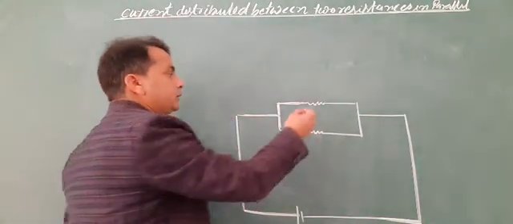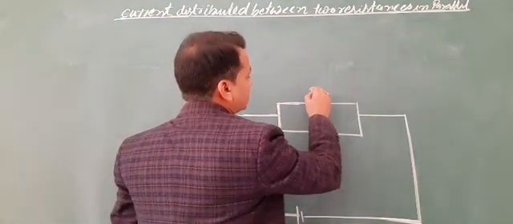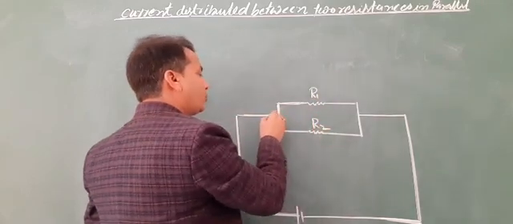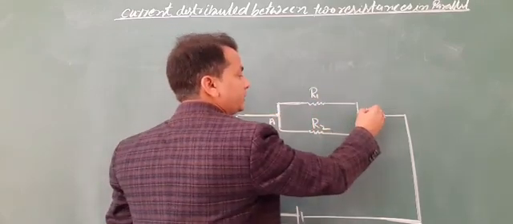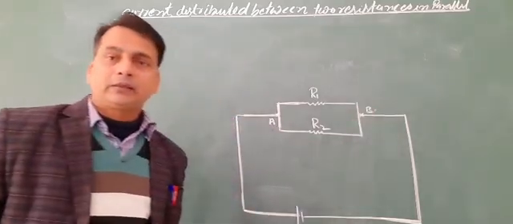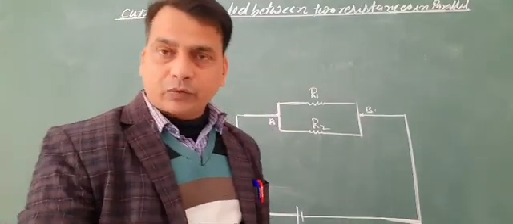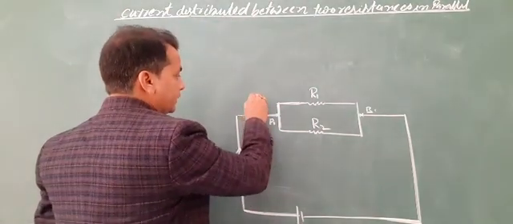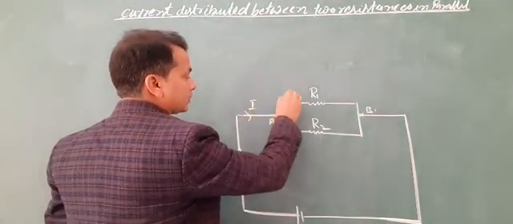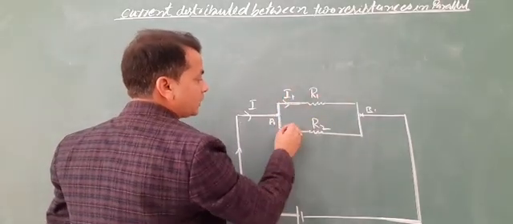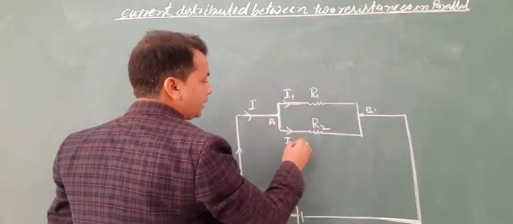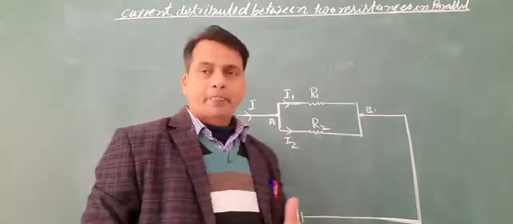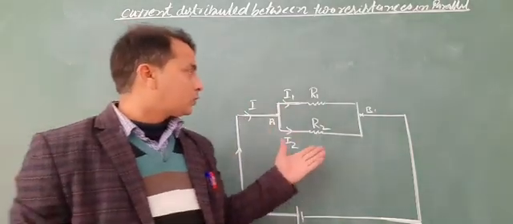Suppose there are two resistors R1 and R2, with points A and B, and the total or net current flows in this circuit. Current I1 flows through R1 and current I2 flows through R2.